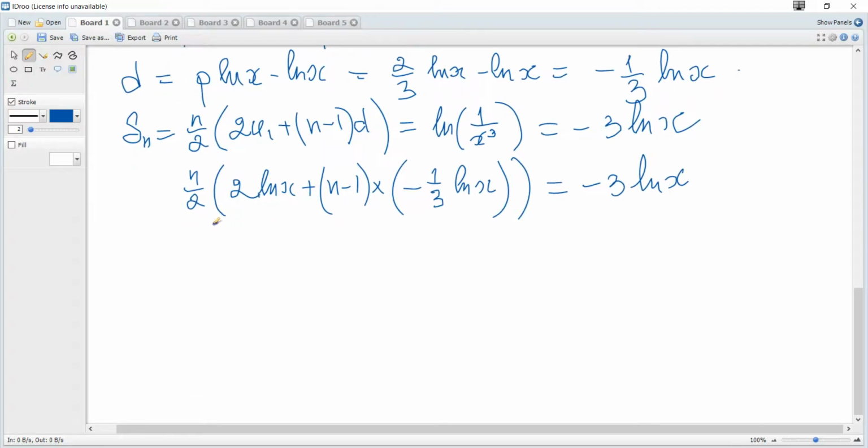We can see that we can divide each term by ln x and multiply both sides by 2 and get n times (2 minus 1/3 (n minus 1)) is -6.